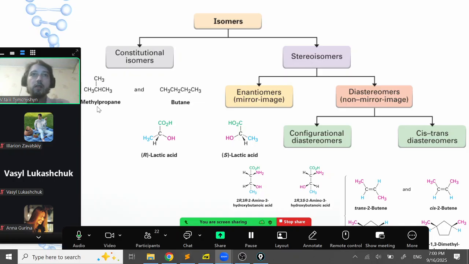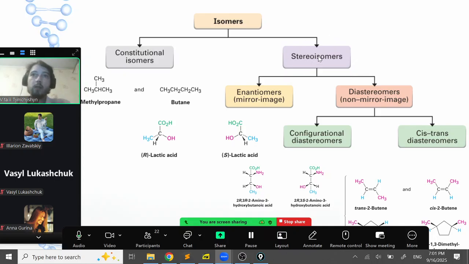So methylpropane and butane have the same number of carbon atoms and hydrogen atoms, but you see they are differently connected. We may have stereoisomers. If you make a list of atoms and you write at each atom what it is connected to, for example, a carbon atom is connected to hydrogen and to some group and so on and so forth.